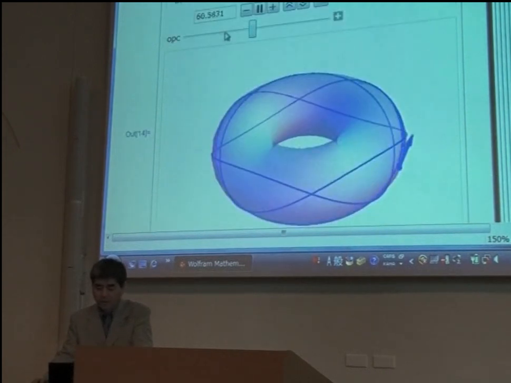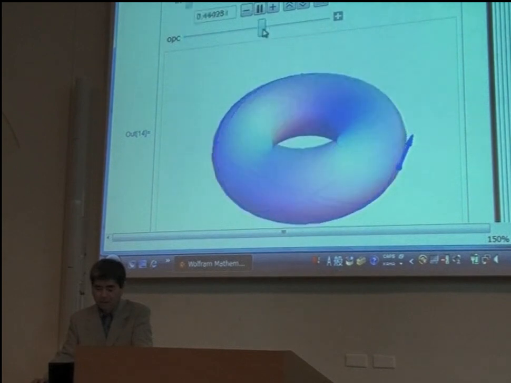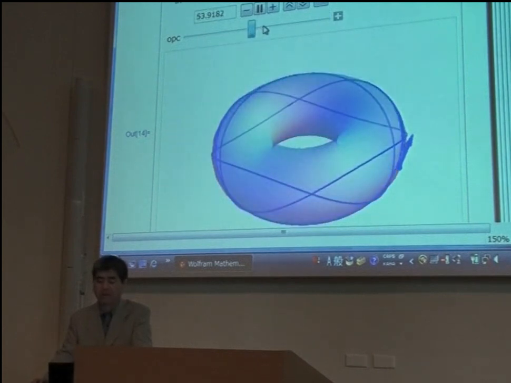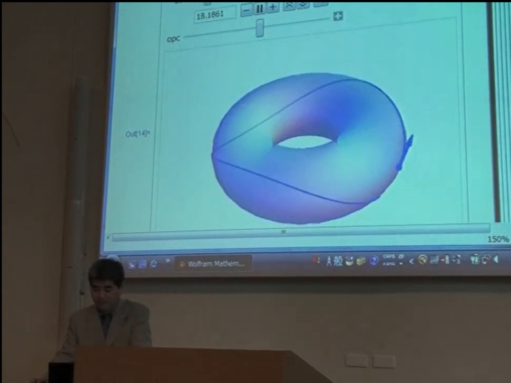We can manipulate the opacity through this button like this: transparent, half transparent, and not transparent. So this makes clear the curves on surfaces. This is a very nice feature of Mathematica version 6.